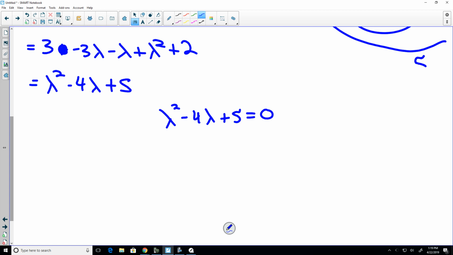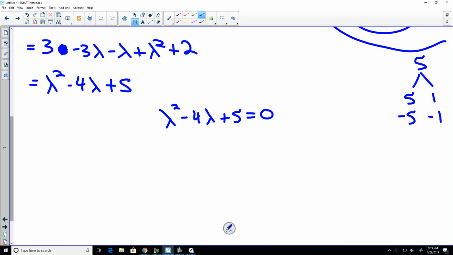So 5 is prime, right? So the only two options are 5 times 1 and -5 times -1. That's the only way to multiply two whole numbers and get +5. Do either one of those add up to be -4? No, so it doesn't factor nicely. In fact, it factors with complex numbers, so that's not very nice.